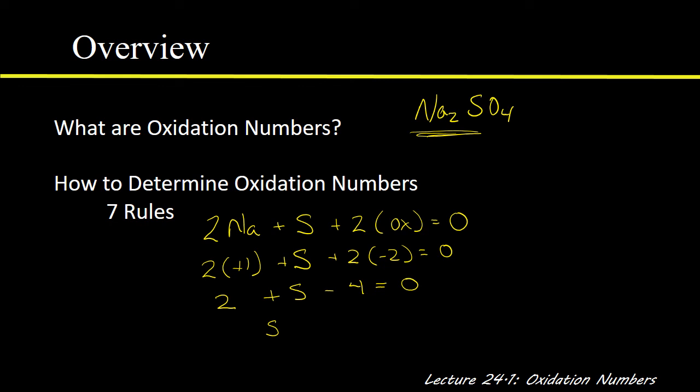Oops, I got a little mistake there. I think you probably noticed that already. I put a 2 here, but I need to look more carefully. That's a 4, all right?